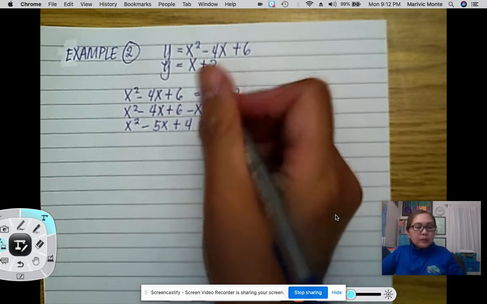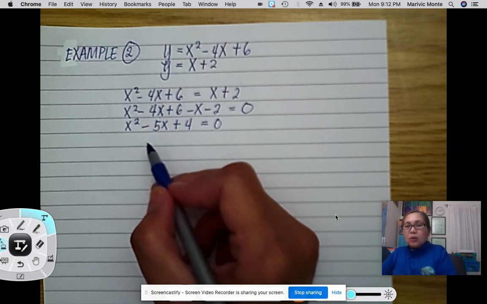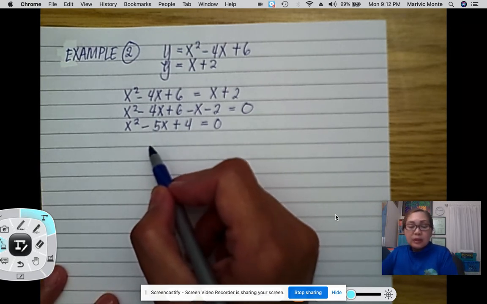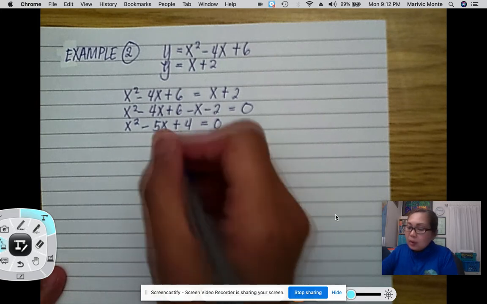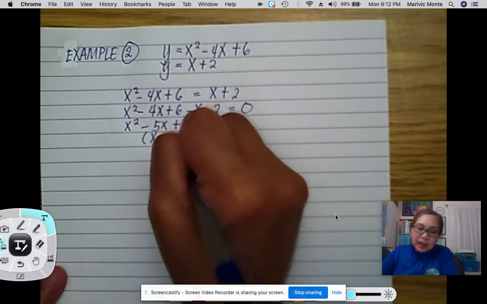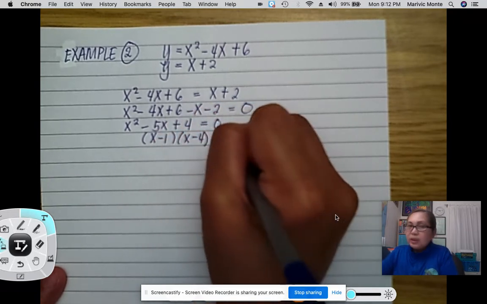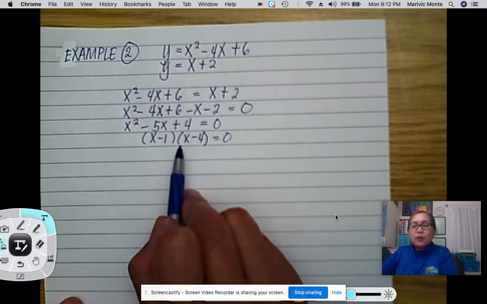And at this point, again, we factor this. Using your factoring calculator for now, we have x minus 1 and x minus 4 as our factors. So this is the factored form.